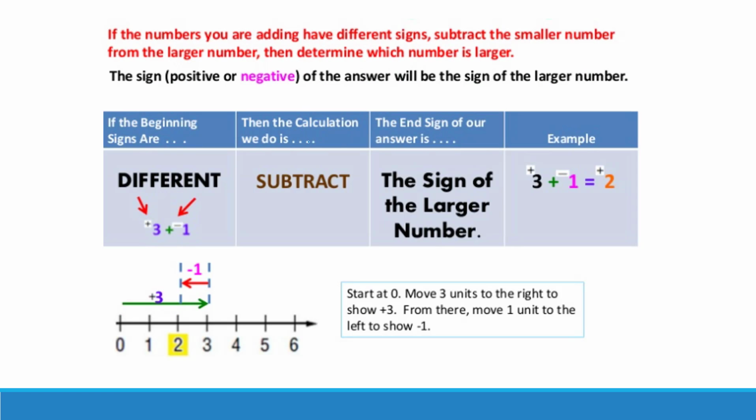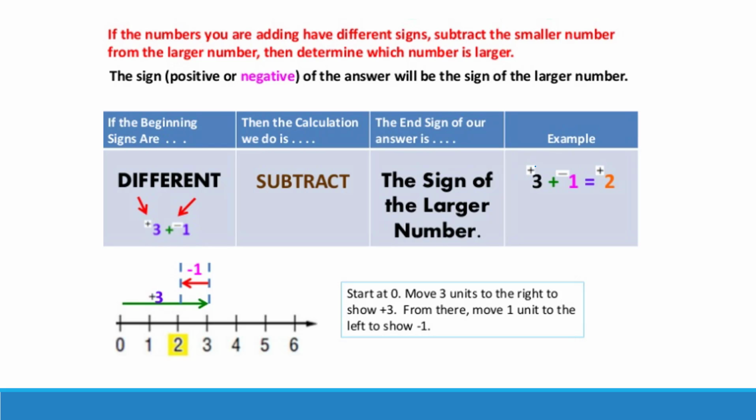This is where things get tricky with adding. If you're adding and they have different signs, essentially what you're going to do is subtract, and then you're going to take the sign of the larger number. Think about it like money: which one do I have more of? So if you had positive $3 and then you lost $1, which is a negative 1, how much do you have?